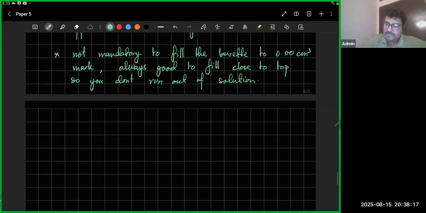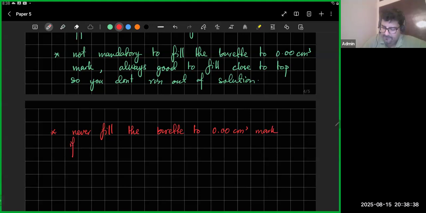But then there's a very important thing, which has been asked quite often: never fill the burette to the 0 cm cube mark if the solution is colored or very dark.